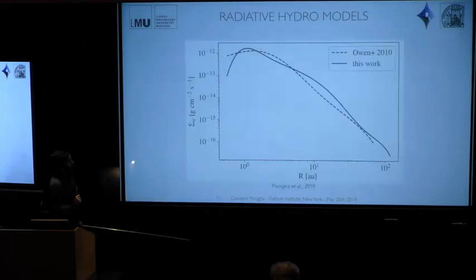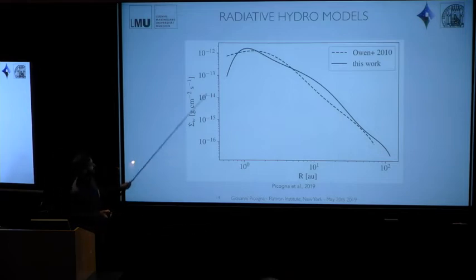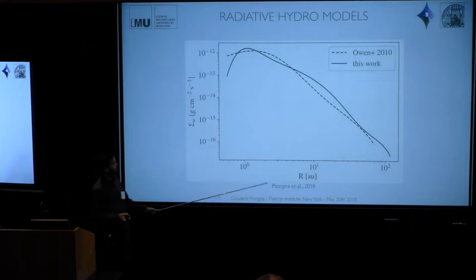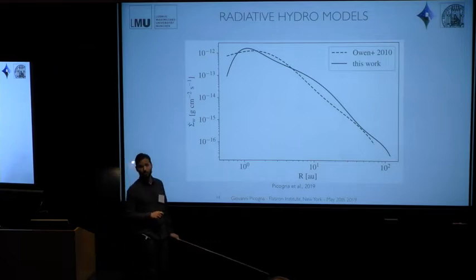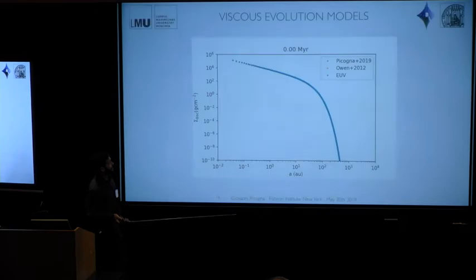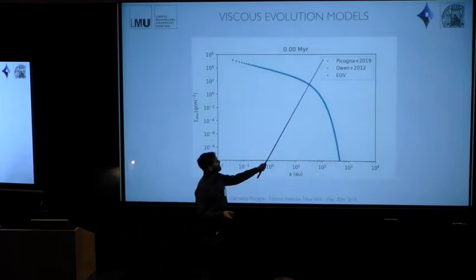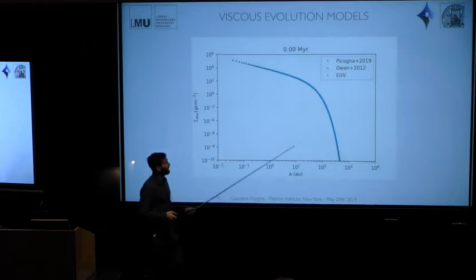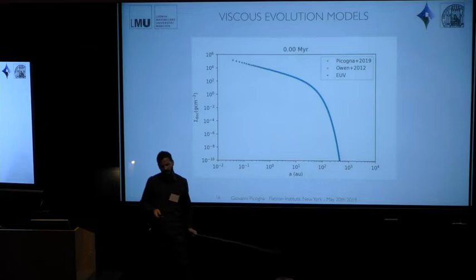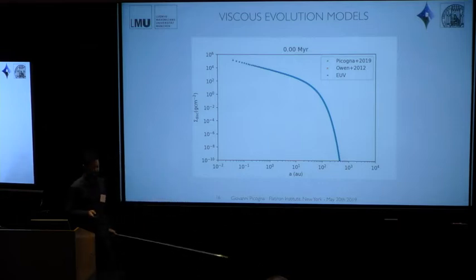And as I was showing you, we derive this surface mass loss rate of the wind as a function of radius. We can then apply this directly to 1D viscous evolution codes in order to understand the evolution of the disk. This is an example where I'm comparing my models in green with the old James Owen prescription, and also a UV prescription coming, I think, from Katie Clark's old models.